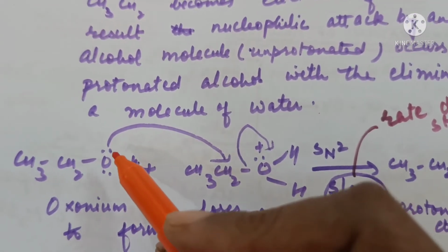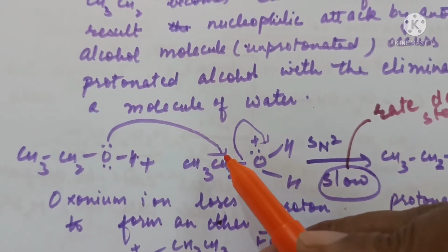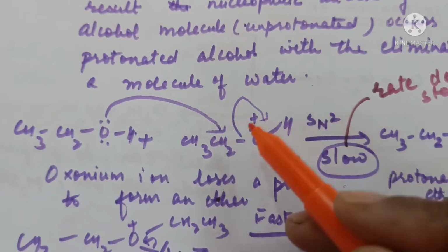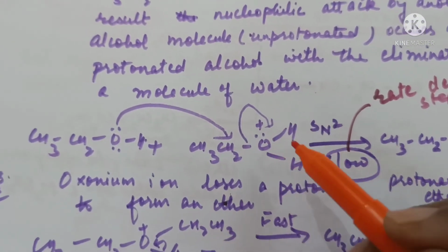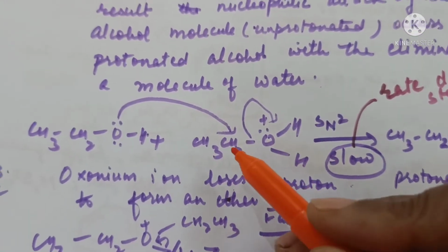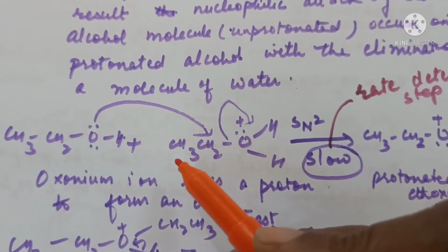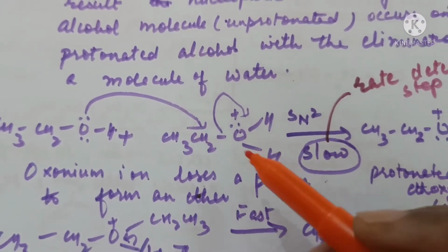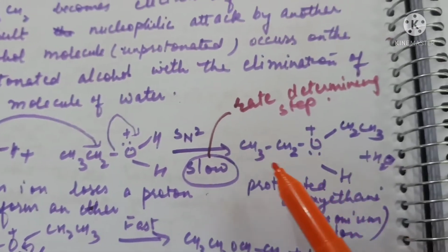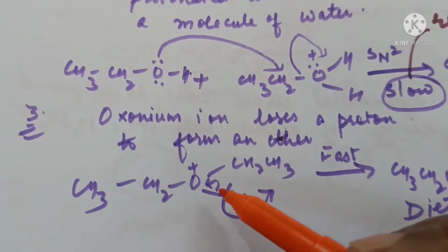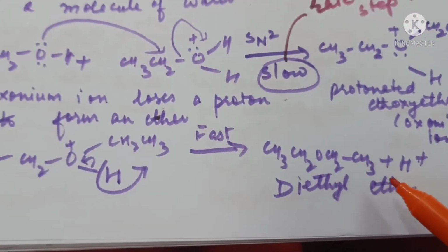So these electrons go to the electron deficient carbon attached to the protonated part of the protonated alcohol. So CH3CH2OCH2CH3 will be formed and water will move away taking the electrons. In the third step, it loses the proton, the electrons move here to form the ether.